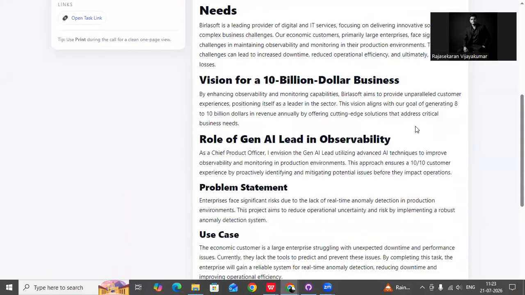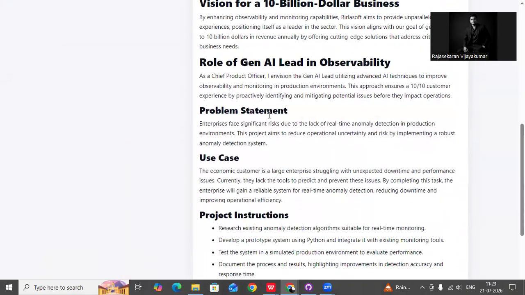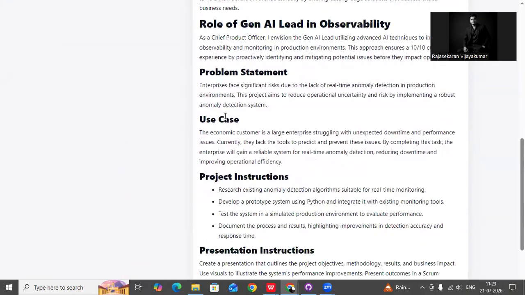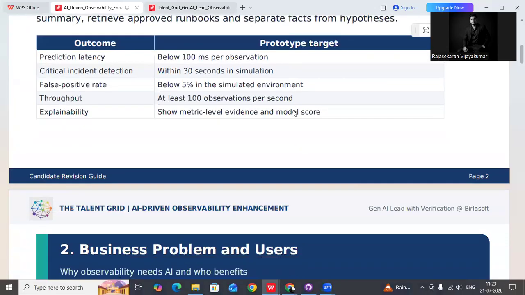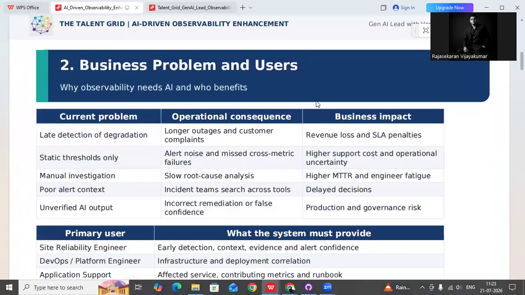Now, what was the problem statement? I have given it in more clarity here. Here is the business problem and the users who are getting affected. There was a problem of late detection of degradation.